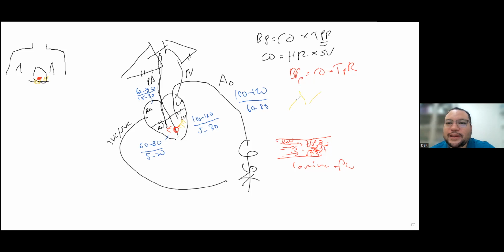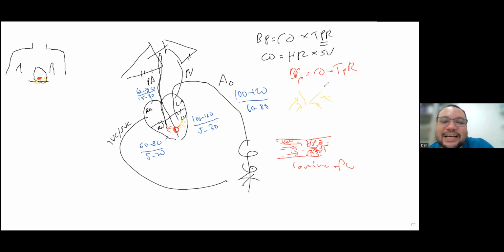When the pressure is like this, the valve closes. So contraction of the ventricles causes closure of the mitral and also the tricuspid valve, not the semilunar valves. So that's the first heart sound.